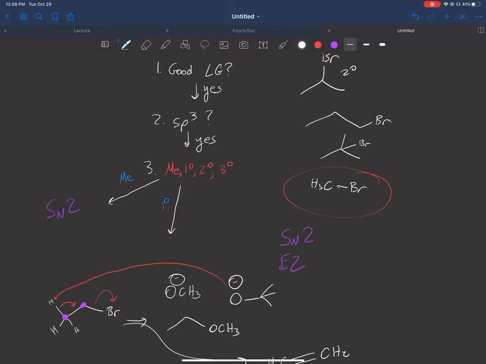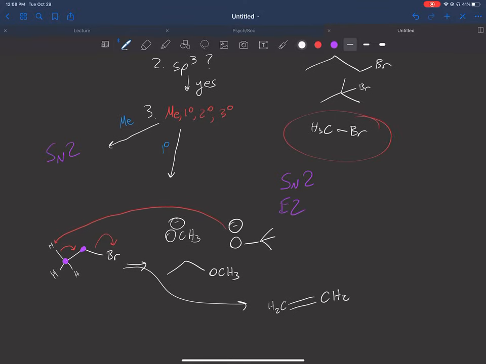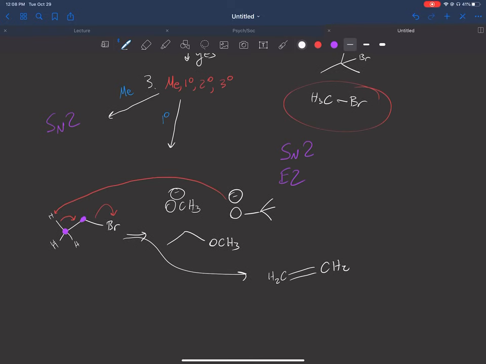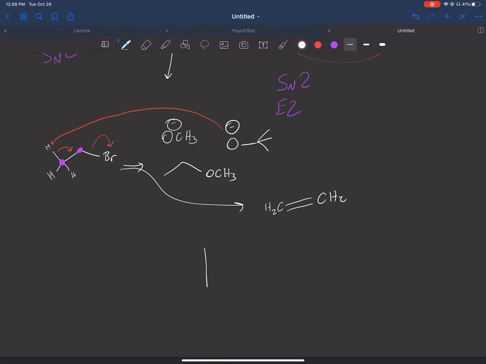Primary is always SN2, except if you have a bulky nucleophile or base. Now, I said that these charts break down, and it will break down exactly at this idea that for primary you'll only get, let's say, so here, drawing this example, right? This is a carbon here, and it's got 3 other carbons right there.